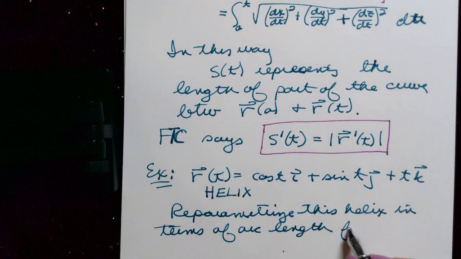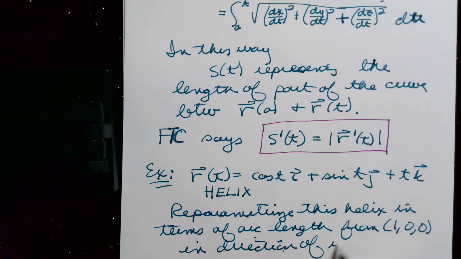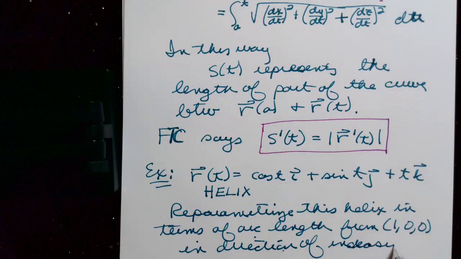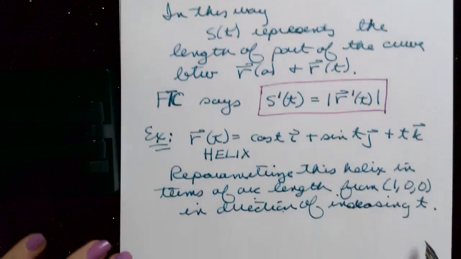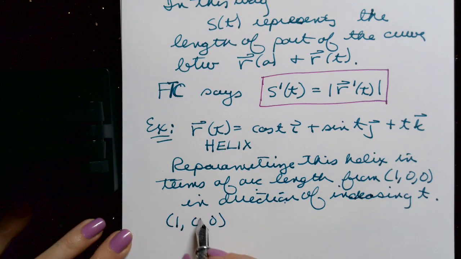And we're going to go from the point 1, 0, 0 in the direction of increasing t. Okay. So the first thing we want to think about is what value of the parameter 1, 0, 0 corresponds to.